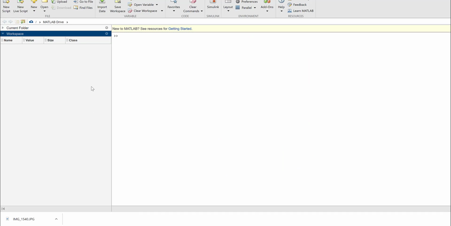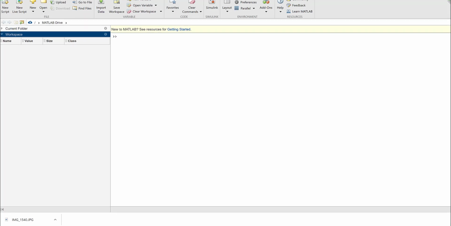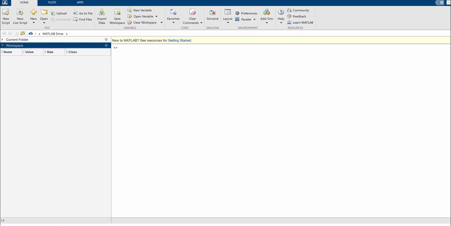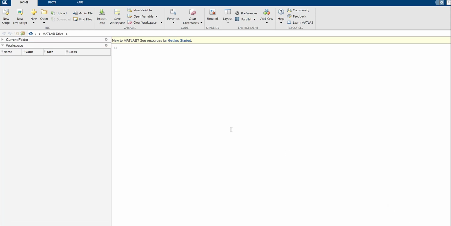It's free, through Boise State, to have MATLAB running right here in your browser. Here's my browser and MATLAB, and it looks like my Camtasia is not quite recording the whole thing, so I'm going to scooch it up and see if I can do that. Okay, and hopefully you can kind of see what's going on.